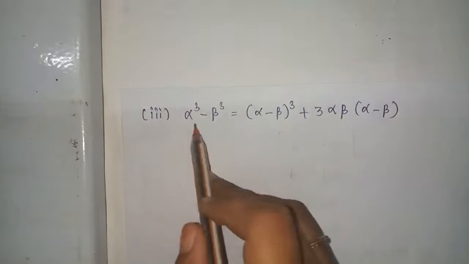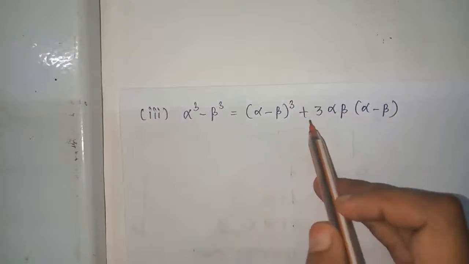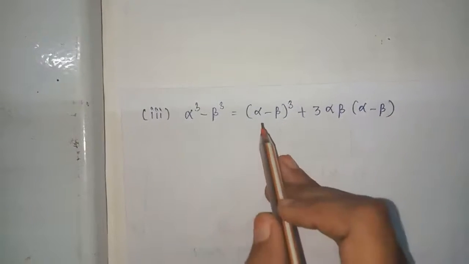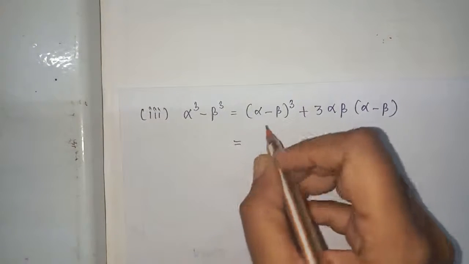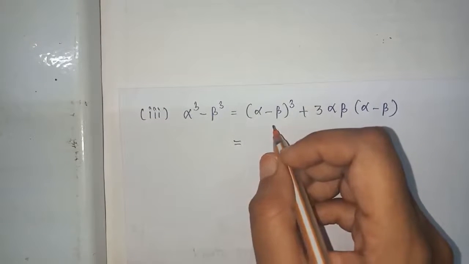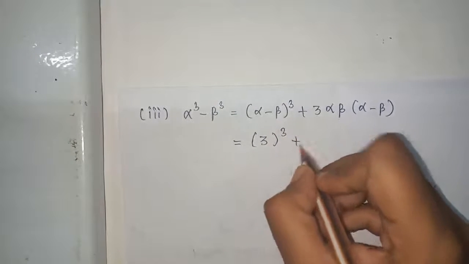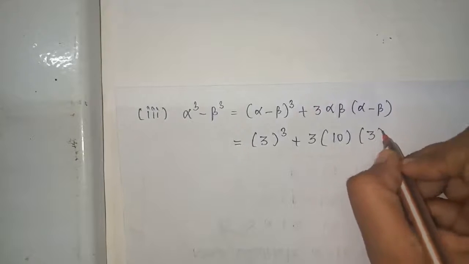Third subdivision is alpha cube minus beta cube, which is equal to (alpha minus beta) the whole cube plus 3 alpha beta into (alpha minus beta). This formula came from (a minus b) whole cube. Now you know the value for alpha minus beta, which we found in the first subdivision, that is 3. So it is 3 the whole cube plus 3 into alpha beta value, which is 10, and again alpha minus beta is 3.